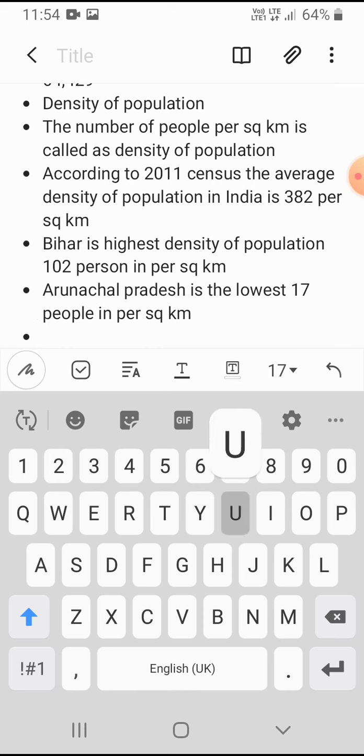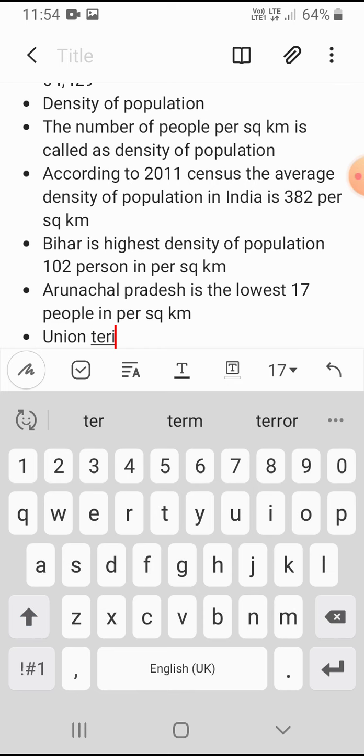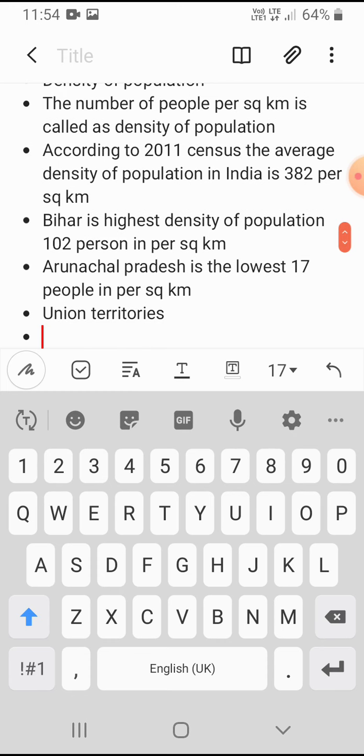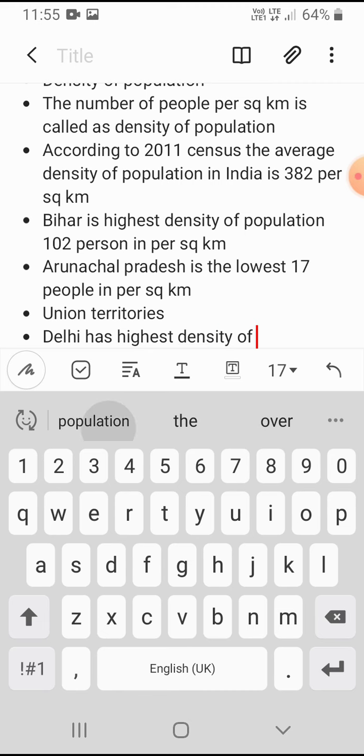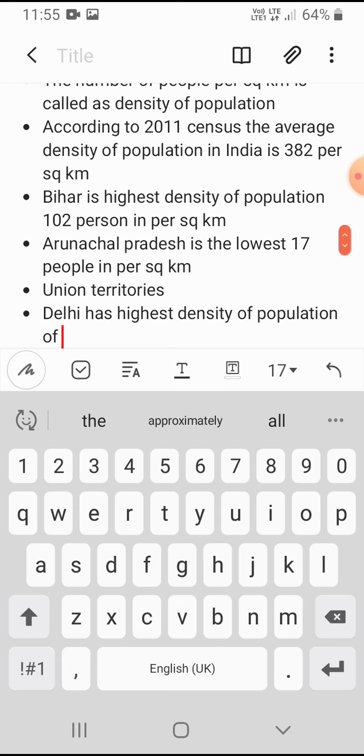And in union territories, Delhi has the highest density of population, 11,297 persons.